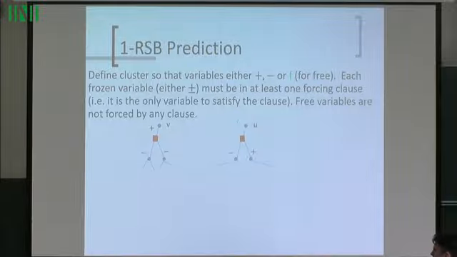So the only option you have for v here is a plus, and we say that in this clause, v is forced to be a plus. On the other hand, a free variable has to be able to take both values, so it can never be forced. If the clause looked like this, because there's a plus here, this clause will already be satisfied, so it's not forcing the vertex u to be one value or the other.